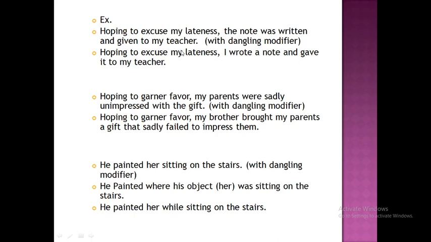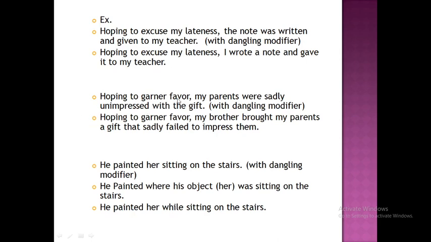If we use the right modifier at the right place, the sentence will be formed in such a way: Hoping to excuse my lateness, I wrote a note and gave it to my teacher. Here everything is clear.